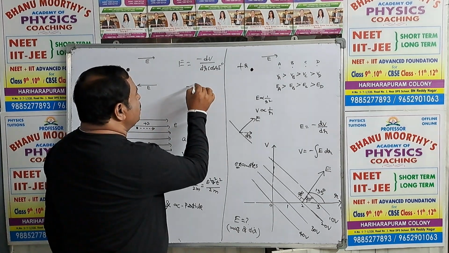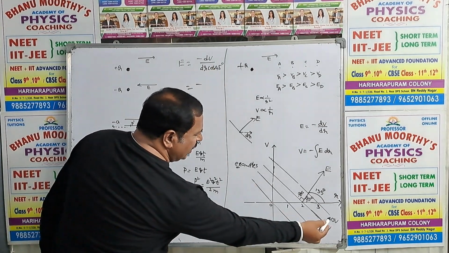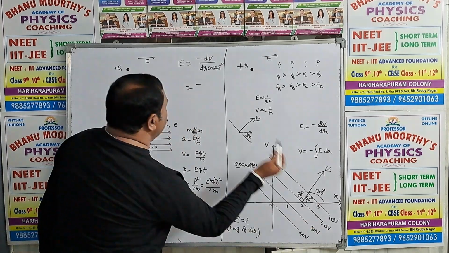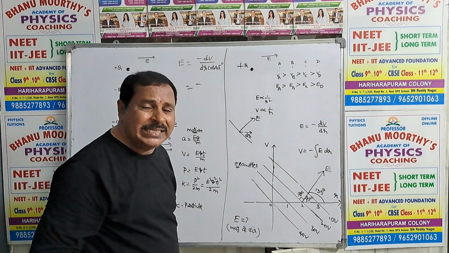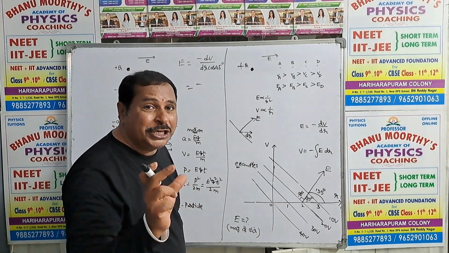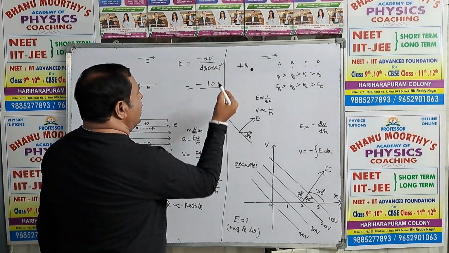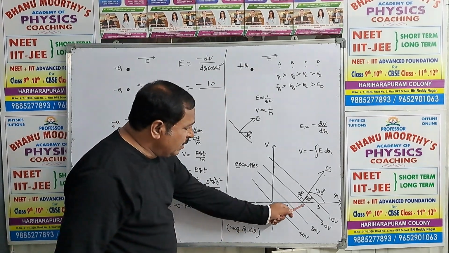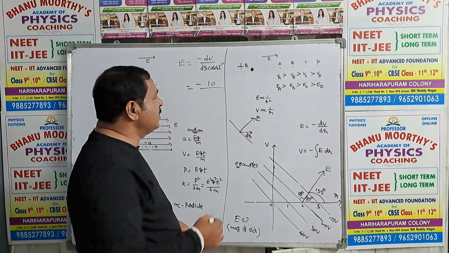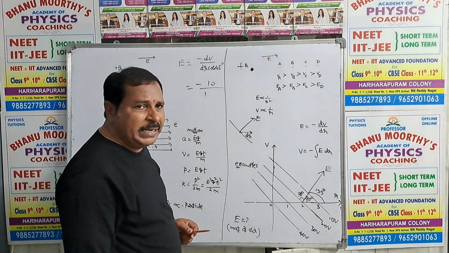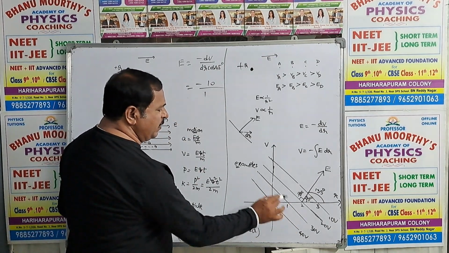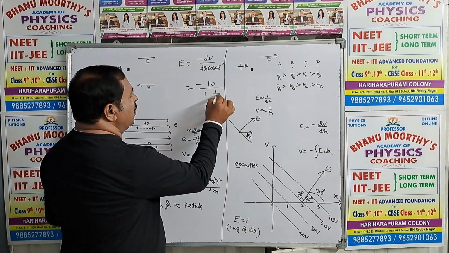Okay, so minus dV means 30 minus 20 or 20 minus 10. Between any two successive isolines, the potential difference is 10, divided by the distance between any two successive lines, that is 1 meter. 3 minus 2, 2 minus 1, that is 1. Cos 45 is 1 by root 2.